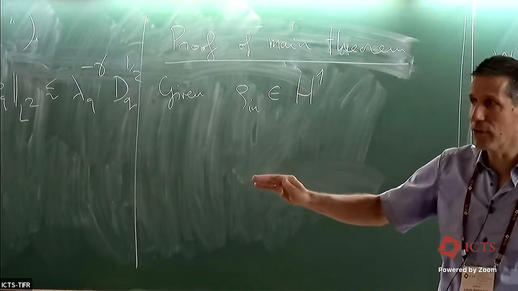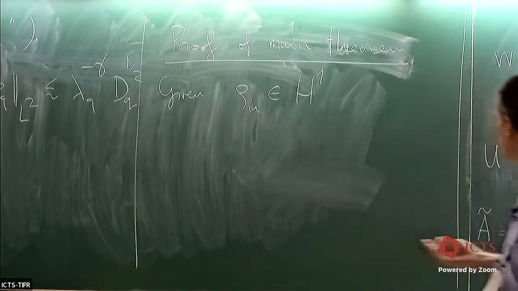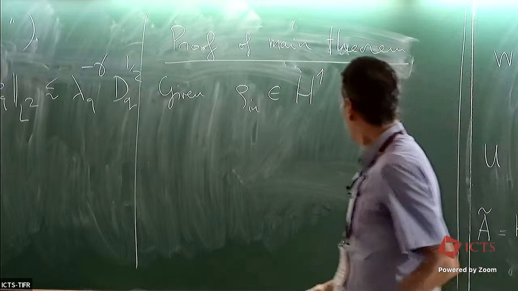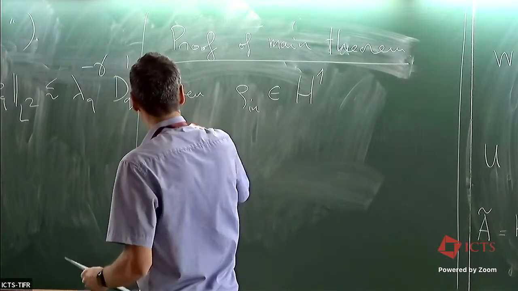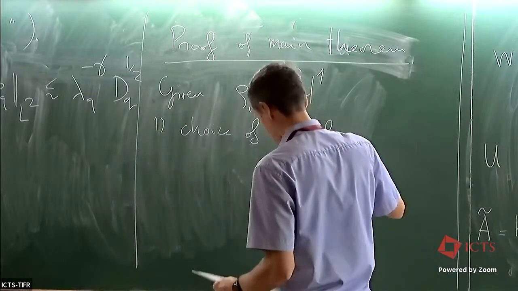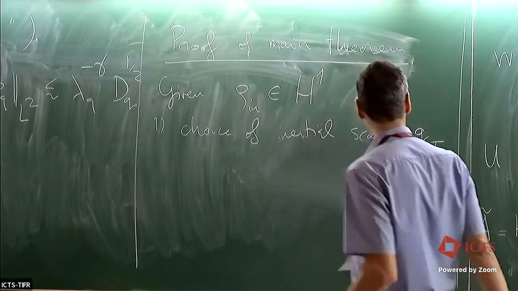There's always some viscosity, here some diffusivity, and at a very small scale this diffusion or dissipation term dominates. That's the dissipative range. In between there is an inertial range where it's expected that this term will have a dominating effect. We need to first figure out where this starts. So the first step is the choice of the inertial scale, q inertial, Qi.